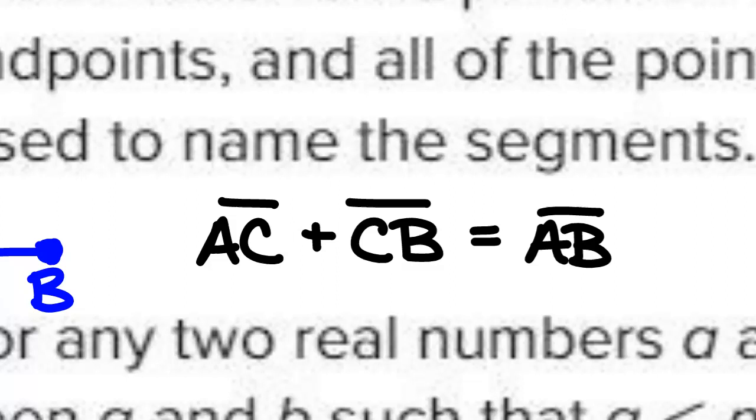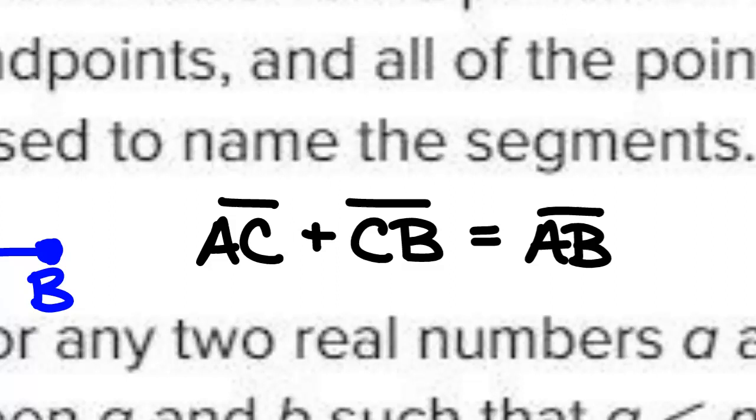I can always find a point in between two endpoints, just like it works with numbers. Could you guys give me a number between, say, 7 and 10? Any number between 7 and 10. 8. Can you guys find a number for me that's between 5 and 6? 5.5. Can you tell me a number that's in between 0 and 0.5? 0.4.